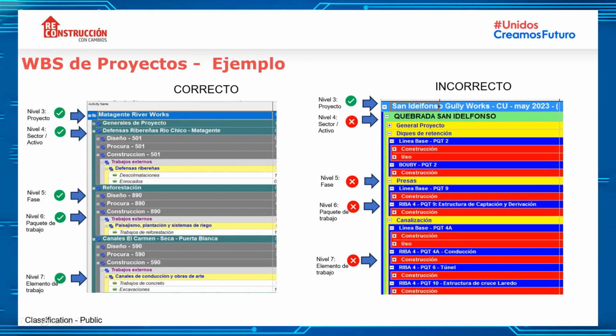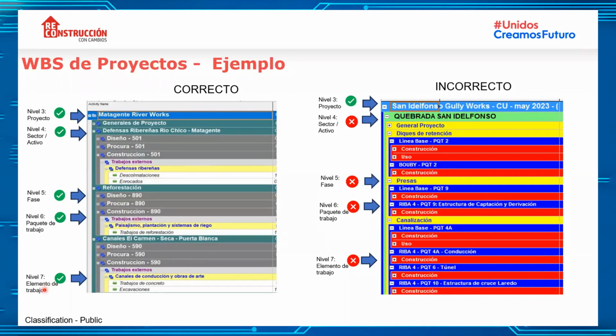That is correct too. The next level comes together with the stages, and that is made in a proper way because we have procurement, design, and construction. Then we have level 6, the work package, which in this case would be external work. So there is a subdivision that is properly made by the scope of the project.